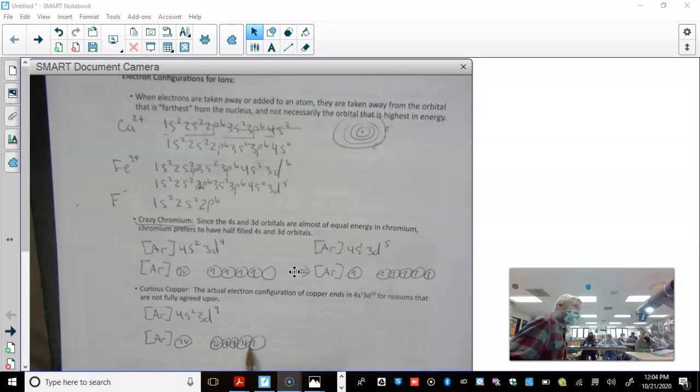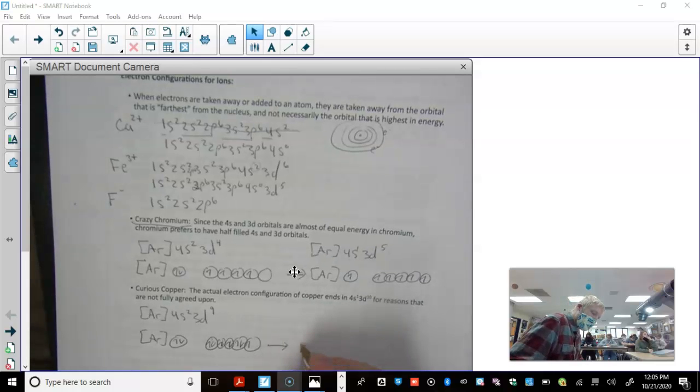All right, so they're all filled except for the last one. This is a higher energy state than if you had something that was half full and completely full. So in this case, the 4s could be half full by moving one of the electrons to the d to make it totally full. That's going to be a lower energy configuration.